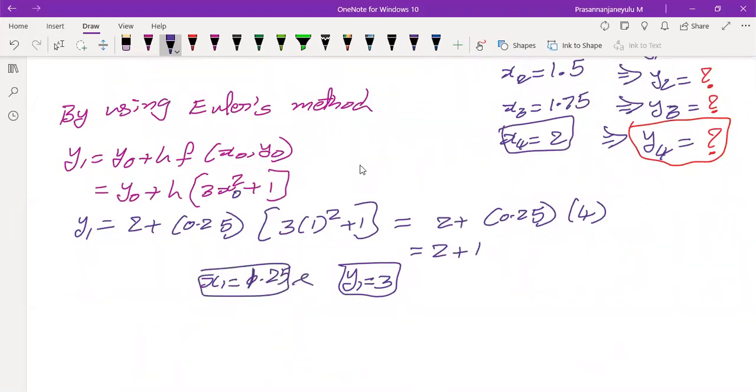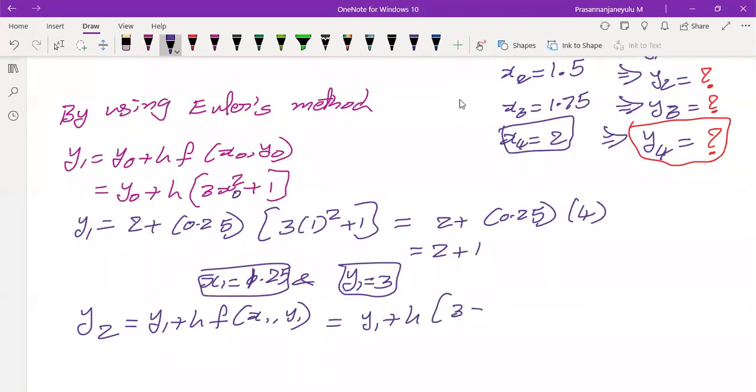Now we need to take the second step. Step number 2 is y2 is equals to, what is the formula using Euler's method? y1 plus h into f of x1 comma y1. y1 plus h into, what is f of x comma y formula? 3x square plus 1. In place of x, we have to substitute x1. So x1 square.